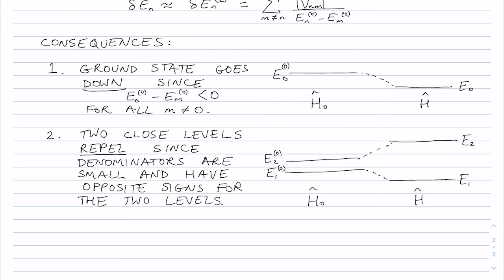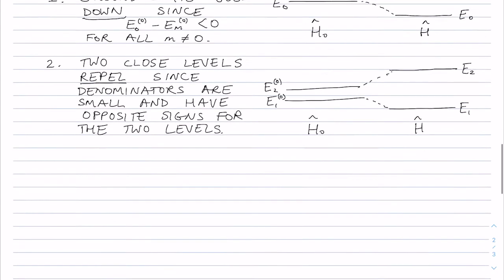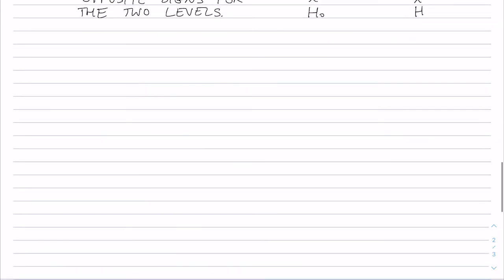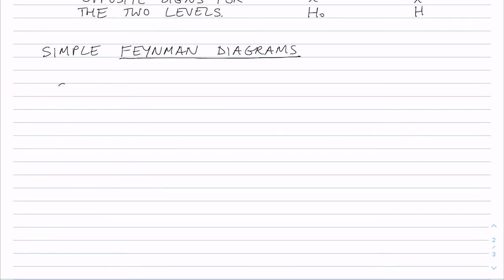The last thing we want to do before I stop is just introduce simple, and I mean simple, Feynman diagrams, because we're ready to do that now. In Feynman diagram language, the first order correction to the energy, delta E1, is just the matrix element VNN. I can represent that in a Feynman diagram as follows.